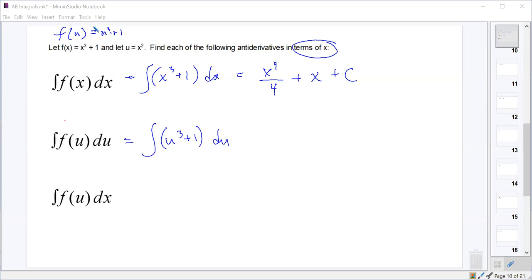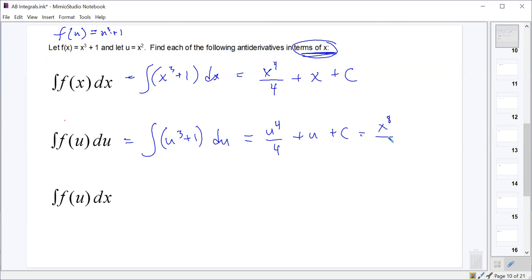Okay, sorry about that. So what do we get if we integrate u cubed plus 1 du? U to the 4th over 4 plus u plus c, which if we convert it into terms of x, since u is x squared, what does that give us?